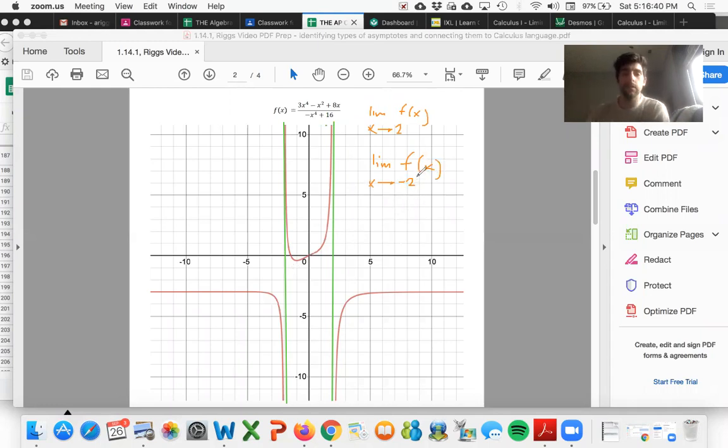And so what we'd have to do is say, all right, well, let's analyze them from the left side. So we can see from the left side, as I approach -2 from the left, I go off to negative infinity. As I approach 2 from the left side, I seem to approach positive infinity. And then we could also analyze both of them from the right side of those values.